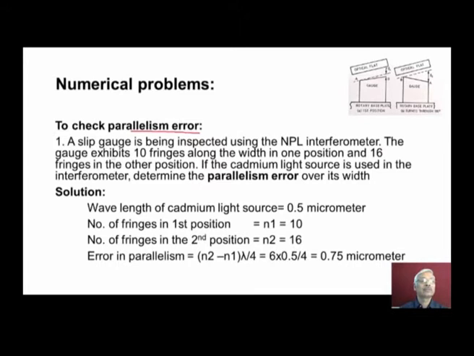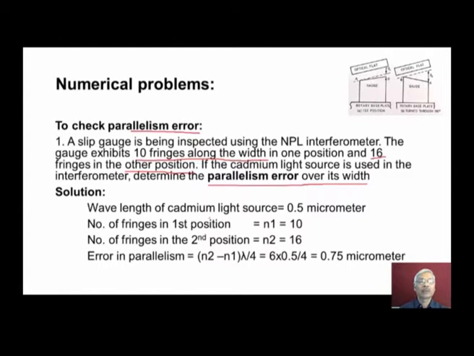The gauge exhibits 10 fringes along the width in one position, with the gauge placed on a rotary base plate. We observe 10 fringes, and it is rotated through 180 degrees and we observe 16 fringes in the second position. If the cadmium light source is used in the interferometer, determine the parallelism error over its width.